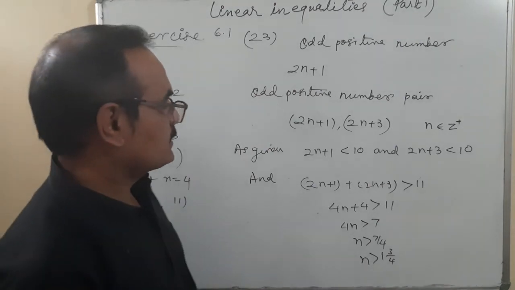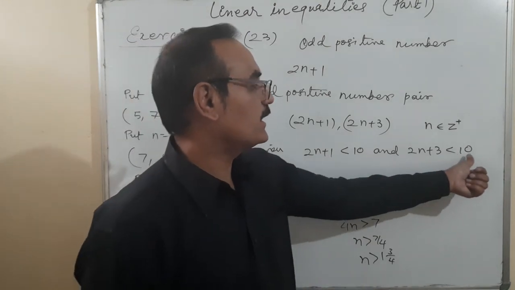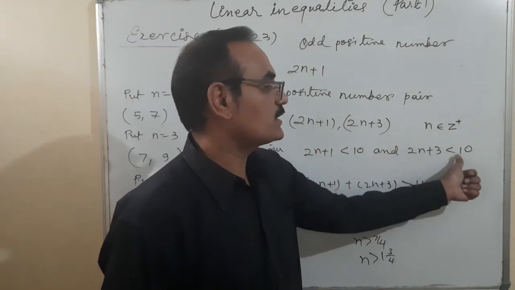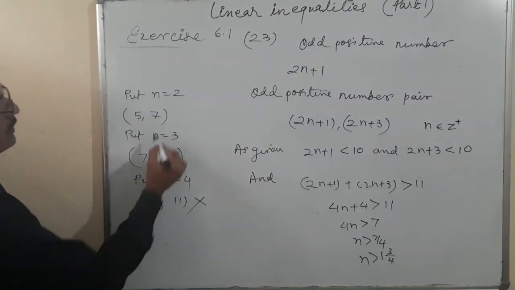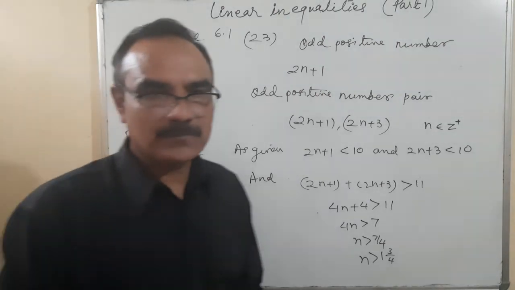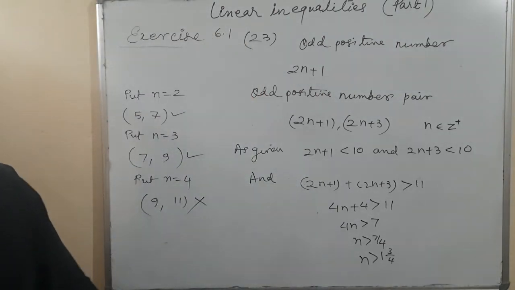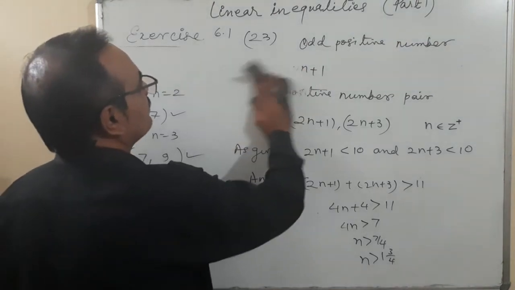But the condition is that both numbers should not be greater than 10. So 2n plus 3 is less than 10, but here it is coming 11, so it is not true. Only two pairs are there: 5, 7 and 7, 9.